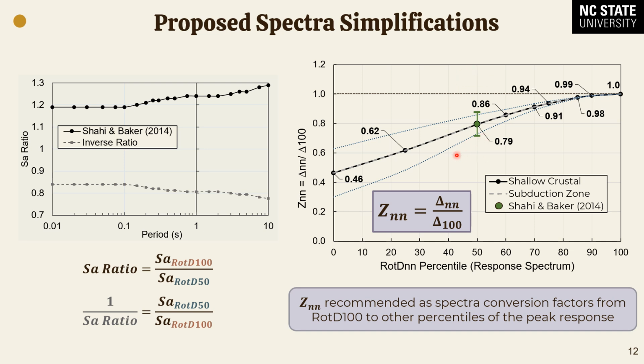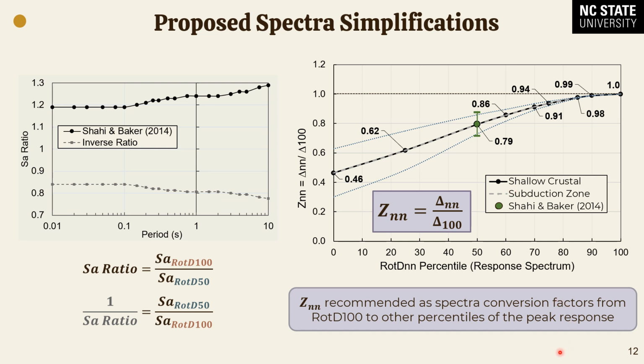And you can see that as we decrease our percentile of the response, we have an increase in variability because those peak amplitudes start to look different. And above 50 until 100, we do see a decrease in that standard deviation.